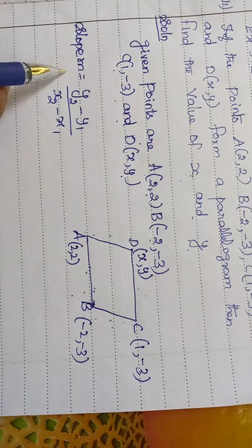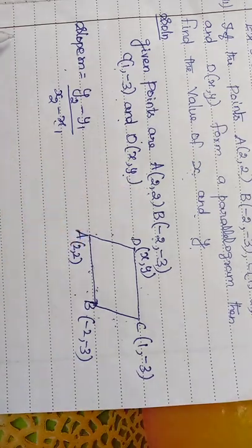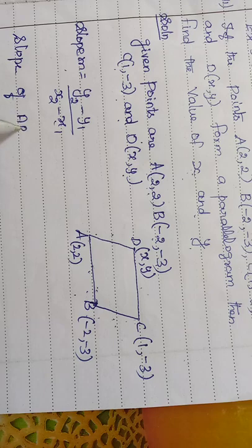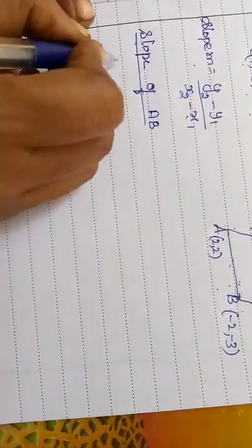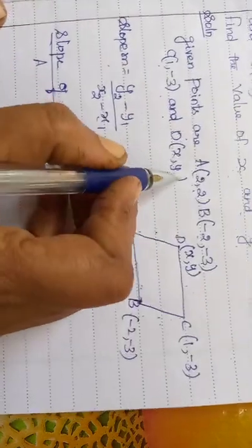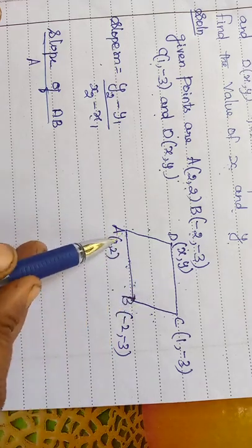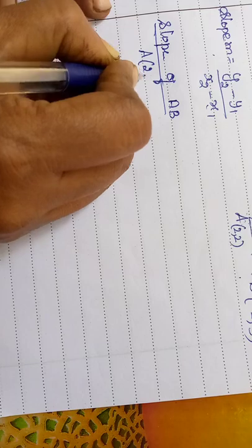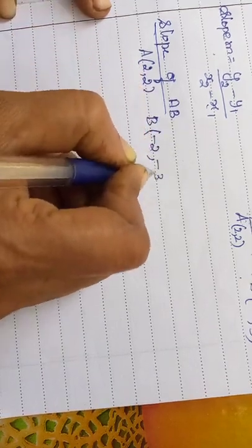Okay, what is the slope formula? m is equal to y2 minus y1 by x2 minus x1. Shall we substitute? Let us find the slope of AB. For that we have to use A of 2 comma 2, B is minus 2 comma minus 3.